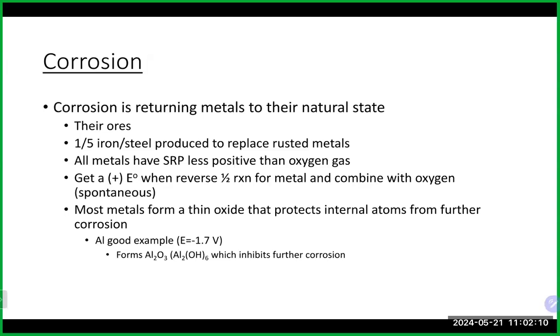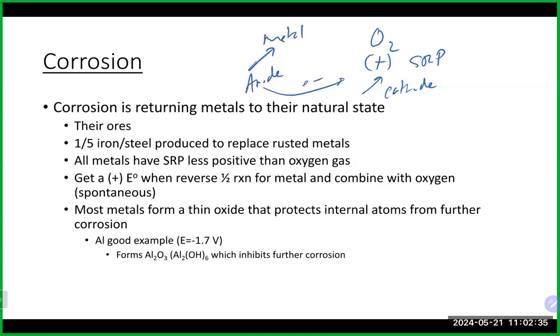All metals that have an SRP less positive than oxygen gas are susceptible to going through oxidation and corrosion. That's because if oxygen has a more positive SRP than a metal, the oxygen is going to be your cathode and your metal is going to be your anode, which means electrons are going to head in that direction.